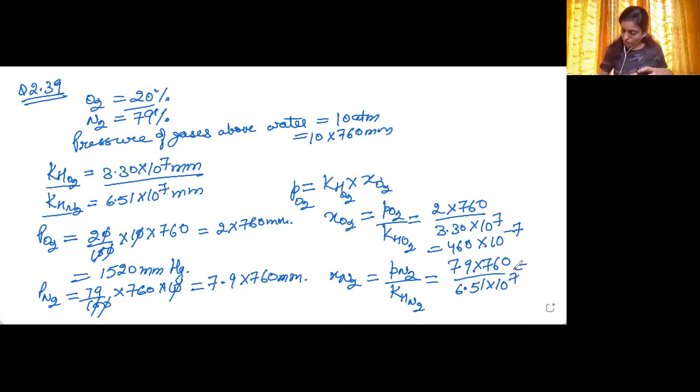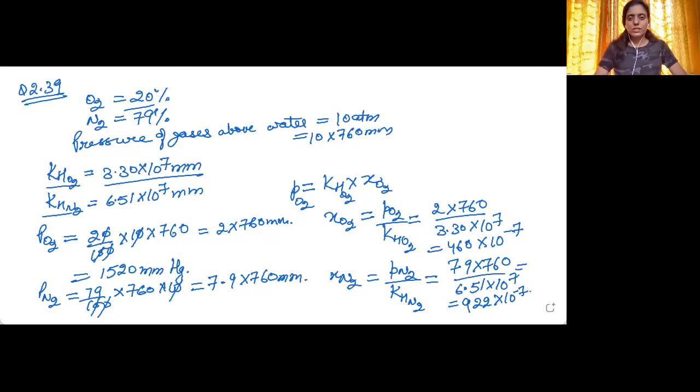So it is coming out to be equal to 7.9 multiplied by 760 divided by 6.51. So it is equal to 922 into 10 raised to the power minus 7. You can just convert these into scientific notation. Okay, so this is the answer for this question.